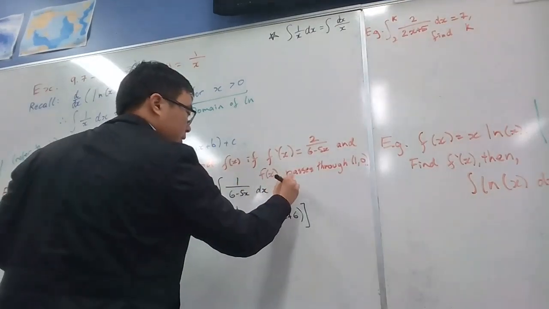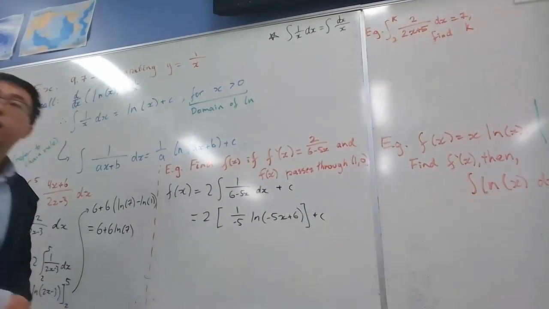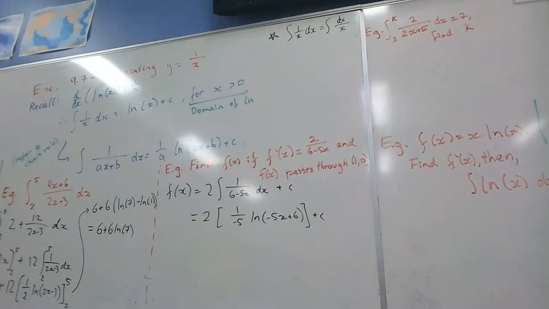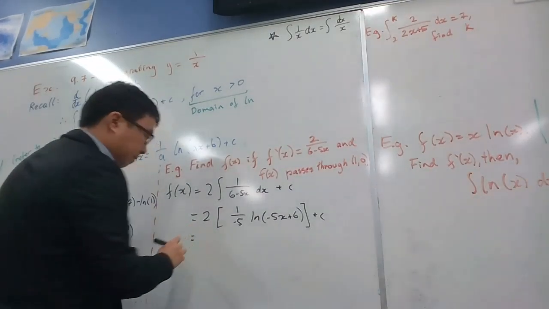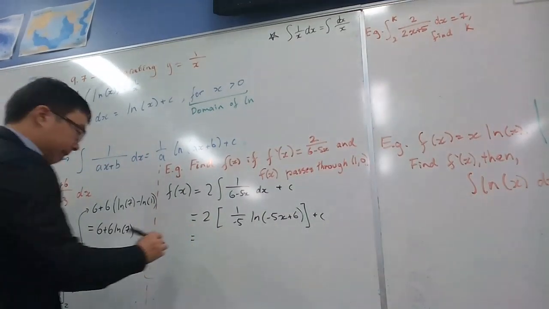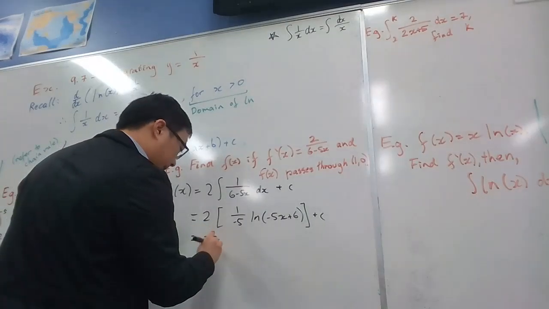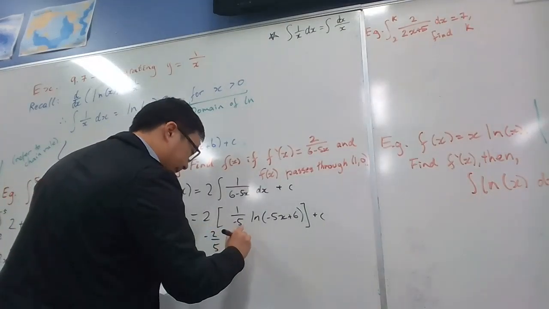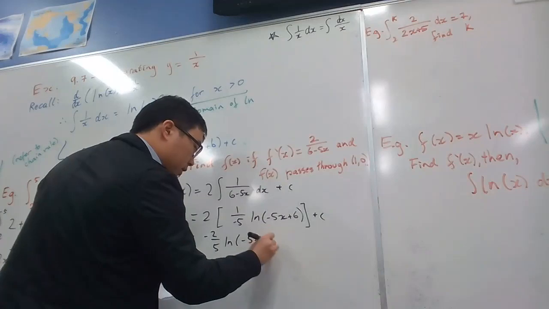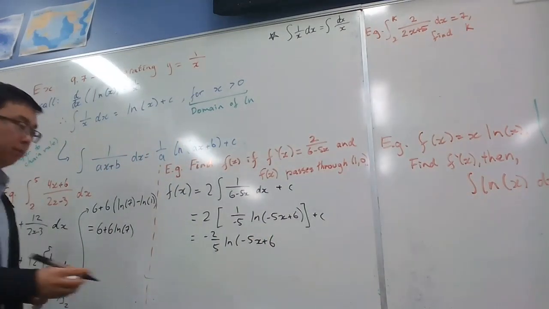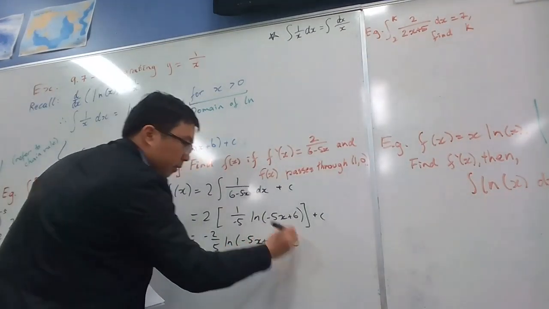Got my plus c. I need my plus c, it's an indefinite integral, especially because I'm going to be solving for that c later on. So that's what we get, plus c.